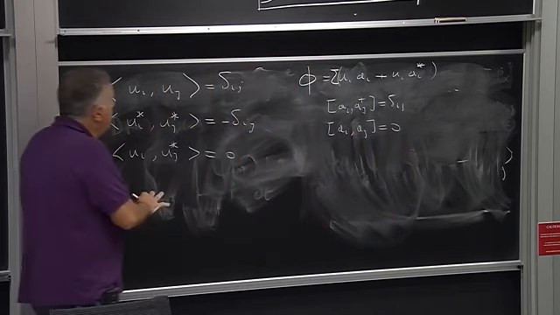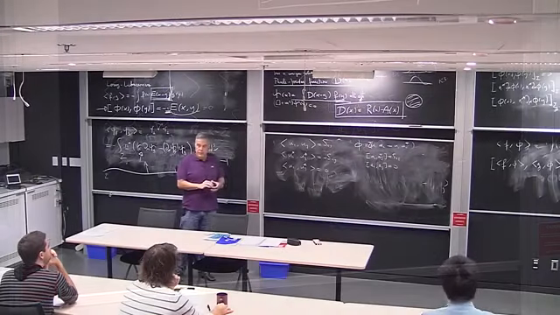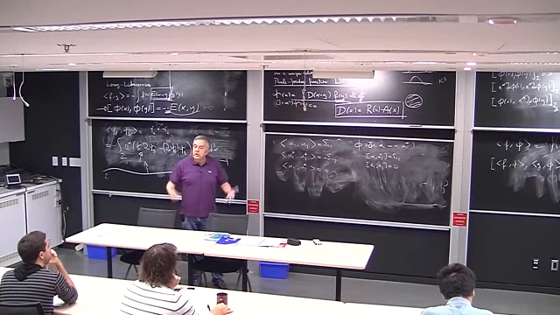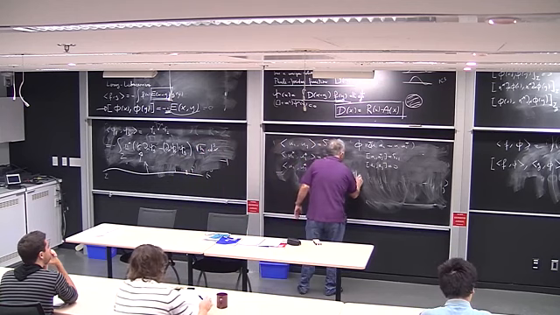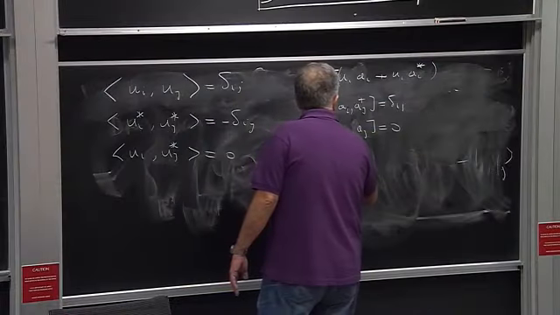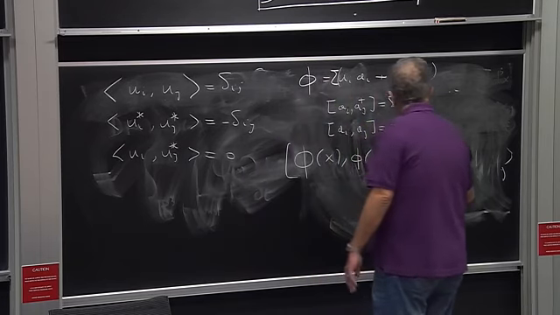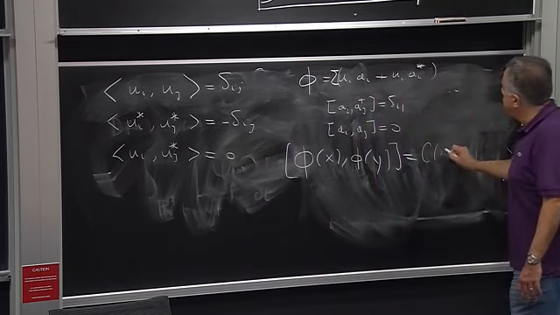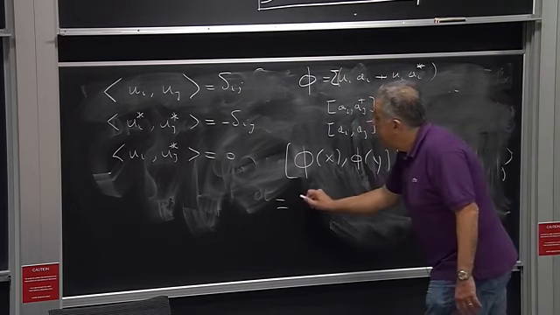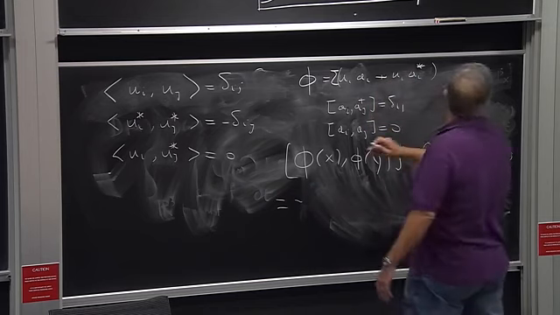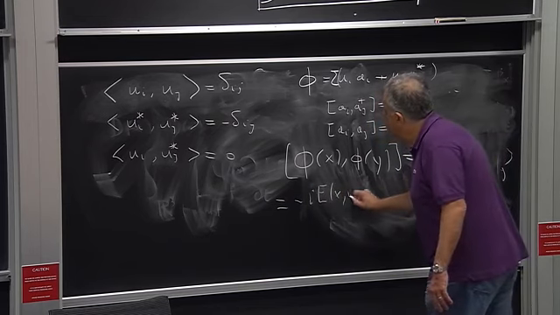Okay. This procedure is perfectly good and provides a unique answer for the function E. It means that if you now compute the commutator [phi(x), phi(y)], this is c(x,y), the commutator function, which is minus iE(x,y).